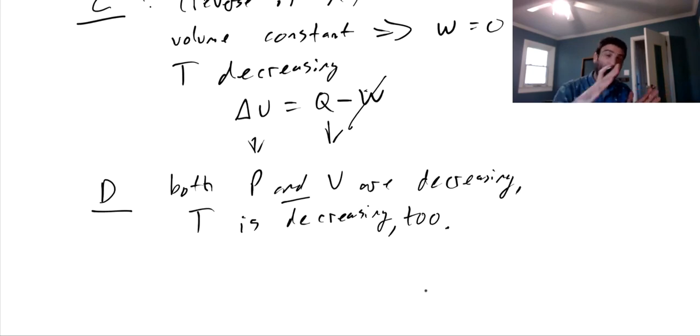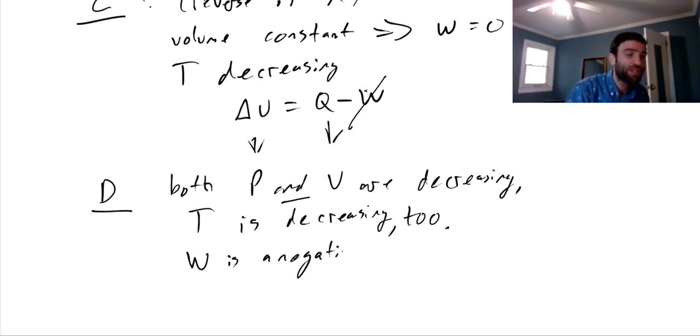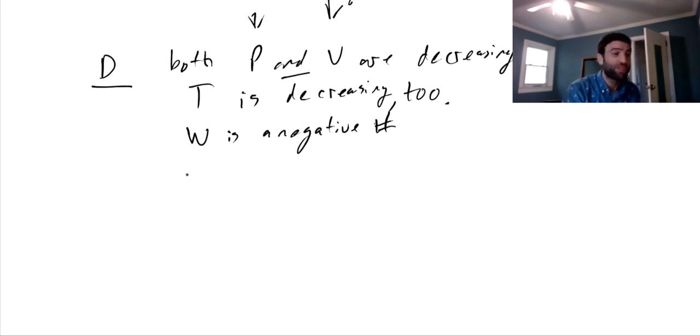And now, right, the volume is decreasing, and that's like work is a negative number. Now, instead of the gas expanding and the gas doing work on the piston, it's like now the gas is doing negative work on the piston. So W is a negative number. Since the temperature is decreasing, delta U is less than 0.